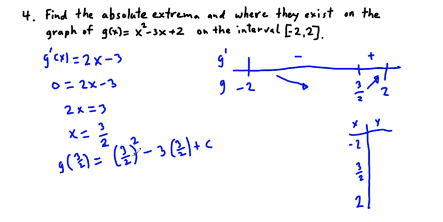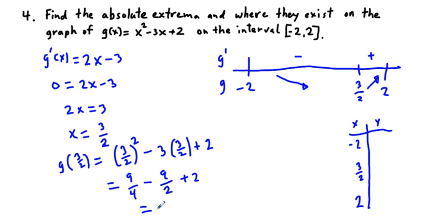And so we're going to get 9/4 minus 9 halves plus 2. Okay, 9/4 minus 9 halves, that's actually going to be negative 9/4.